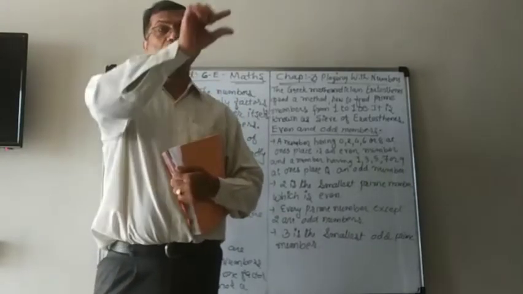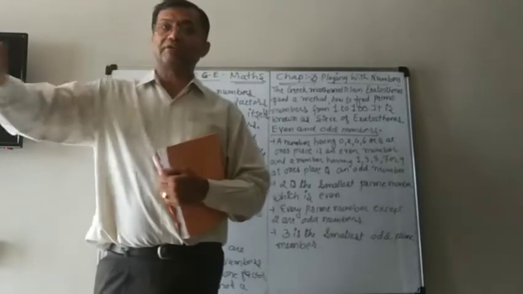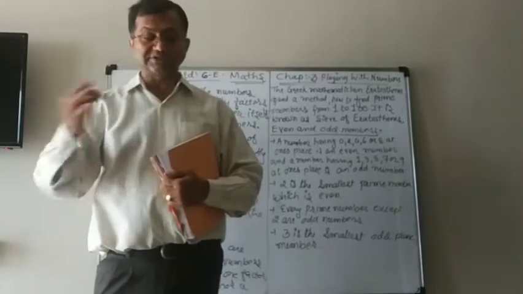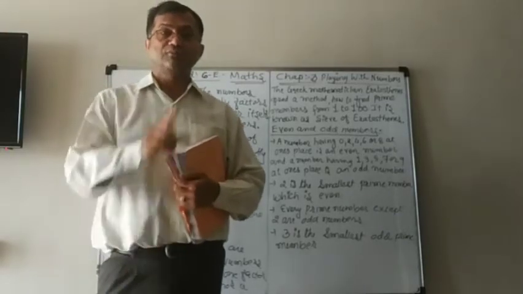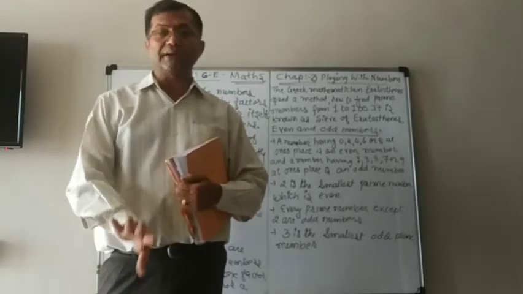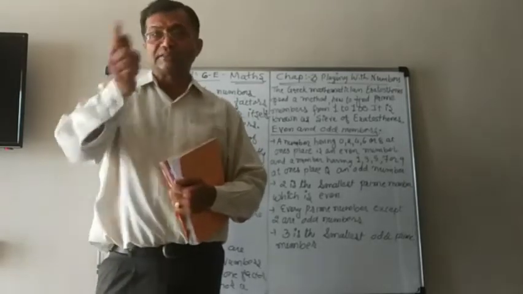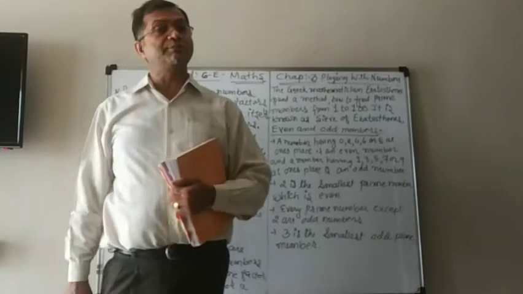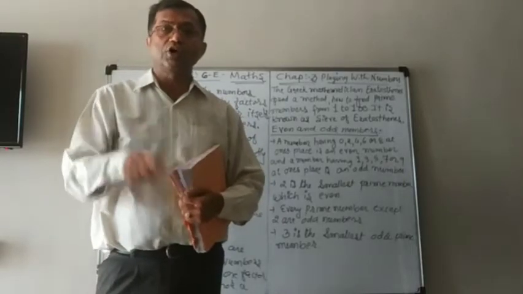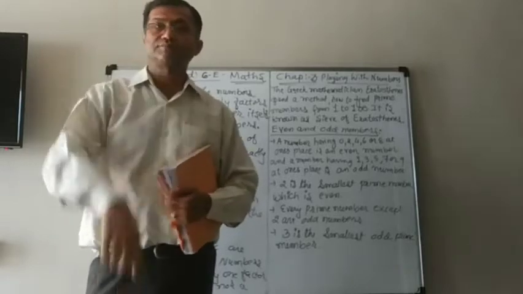What you have to do? 1 to 10, 11 to 20 and so on up to 100, you have to write down and do the same thing. First put a cross on 1 because it is neither prime nor composite. Then a circle on 2 because it is a prime number. Then all the multiples of 2 you have to cross mark.